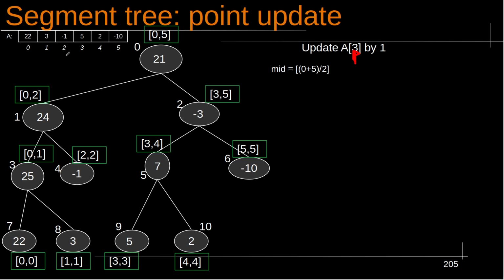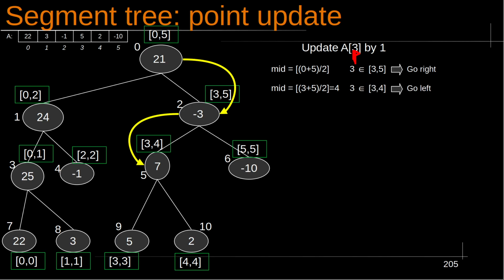As you see, 3 lies in 3 to 5, so we go to the right side, the right subtree. Now I have to calculate the middle of 3 and 5, which is 4. Now I have to check which side 3 lies on: 3 to 4, or 5 to 5. 3 lies in 3 to 4, so I go left.